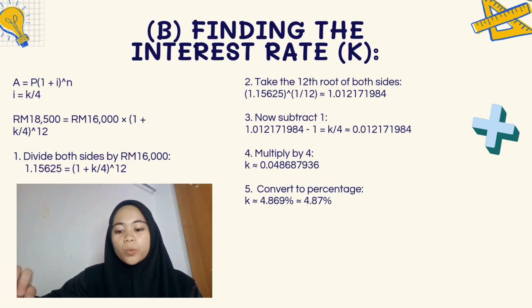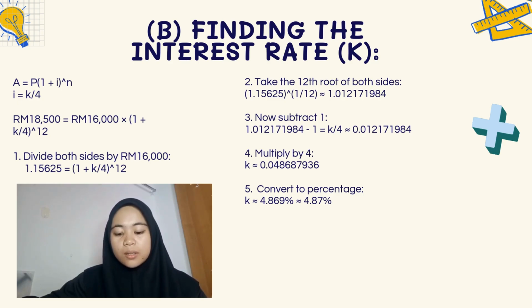The answer is 1.012171984 equals 1 plus K divided by 4. So the number 1 you need to minus from 1.012171984. The answer is 0.012171984 equals K divided by 4. So the 4 you need to multiply with 0.012171984.